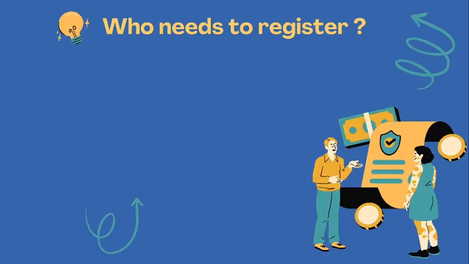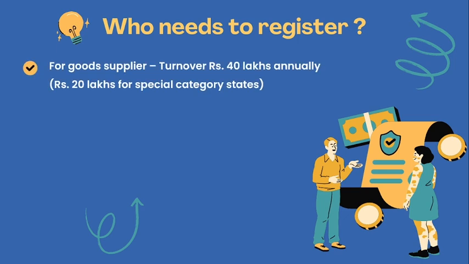Who needs to register for GST? Well, any business in India whose turnover exceeds the prescribed threshold limit must register for GST. Let's discuss this in detail. For goods suppliers, the limit is rupees 40 lakh annually and rupees 20 lakh for certain special category states like Arunachal Pradesh, Assam, Himachal Pradesh, Meghalaya, Mizoram, Nagaland, Sikkim, Tripura, Jammu and Kashmir and Ladakh.